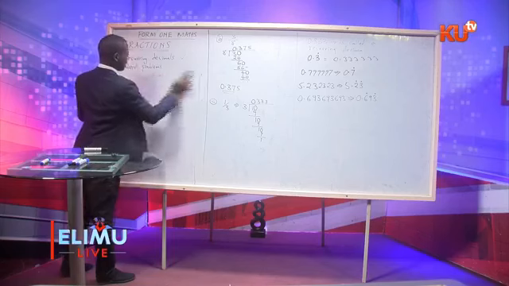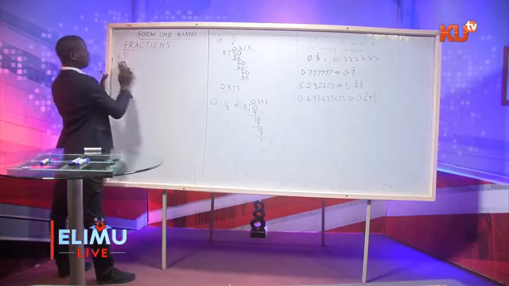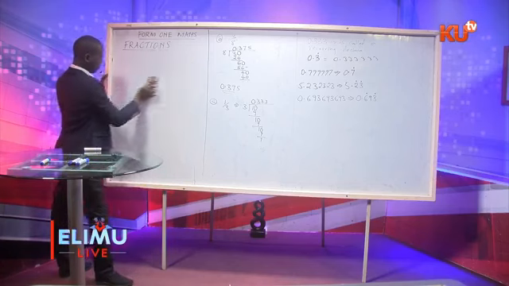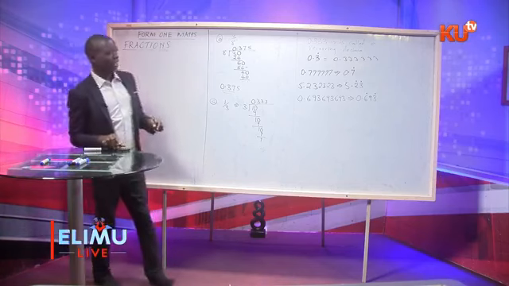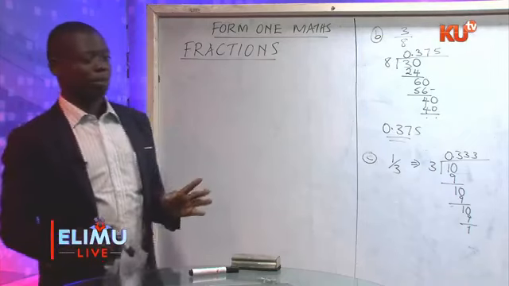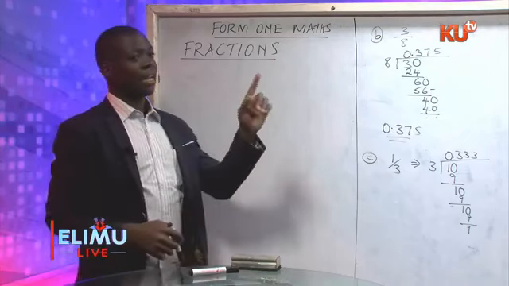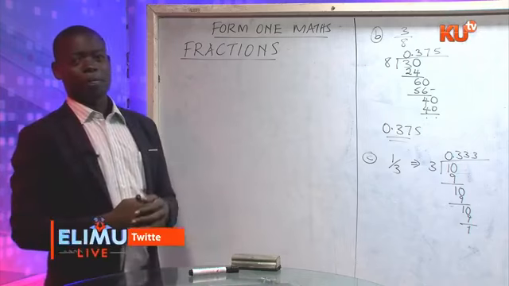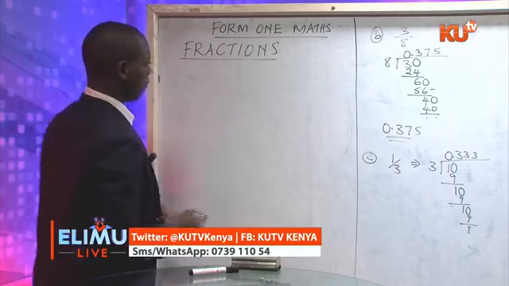So in this lesson, what I want us to know is, when we are given recurring decimals, are we able now to get back to the fractions? Because our topic is fractions, not decimals. So we'll be given a recurring decimal to bring it back to fractions. So how do we work it out?